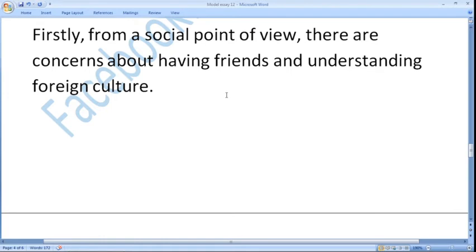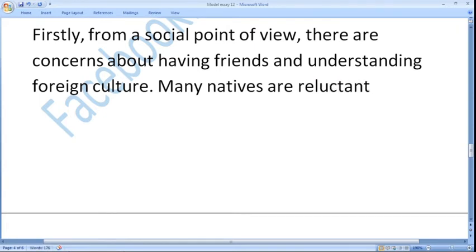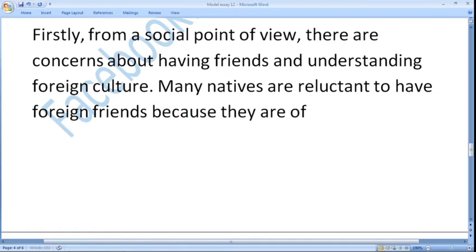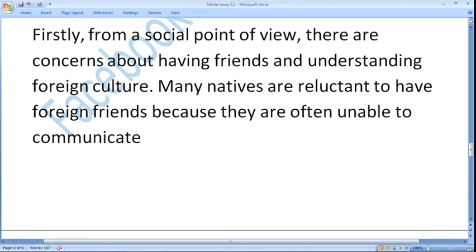Then let us expand it. Many natives are reluctant to have foreign friends because they are often unable to communicate effectively with each other.